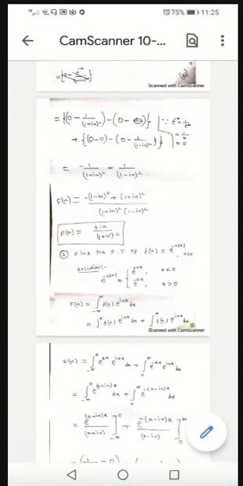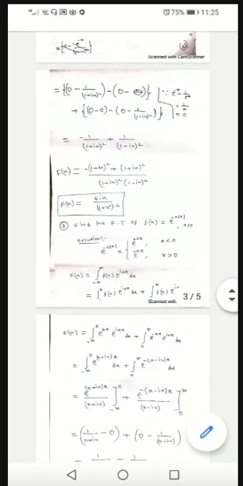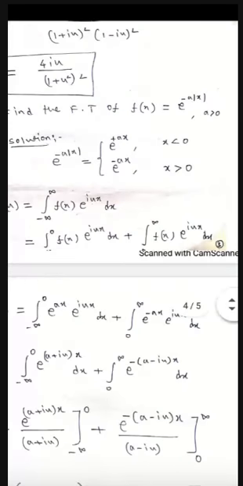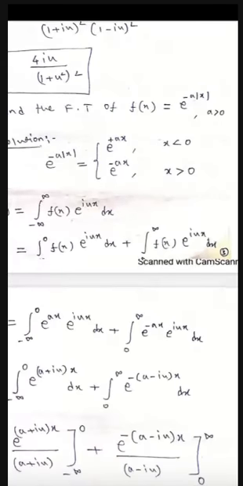So this is: find the Fourier transform of f of x equals e power minus a into mod of x, where a is a constant. First you have to define what is meant by e raised to the power of minus a into mod of x. Then later you can use it.